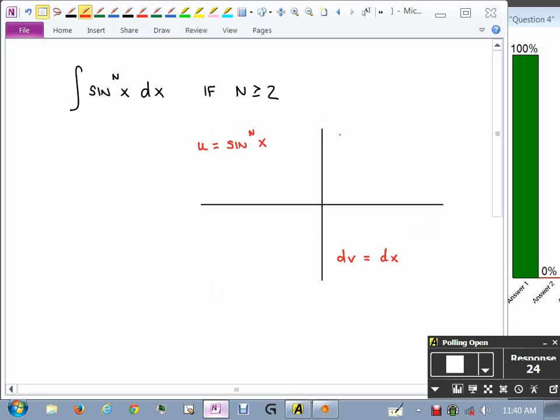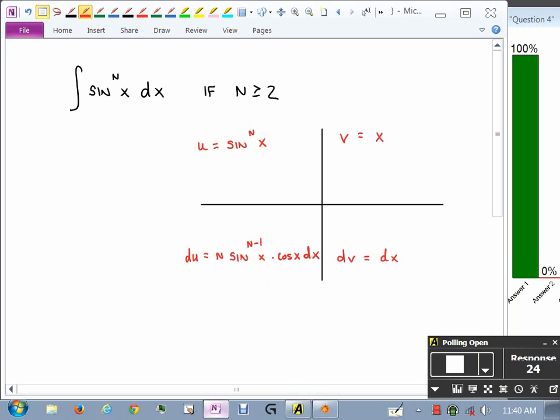And then when I go up to v, what am I going to get? An x. And then what's the derivative of this going to be? This is chain rule. n comes down, you then subtract 1 from the power, so n minus 1, and then the derivative of sine x, which is cosine x dx.